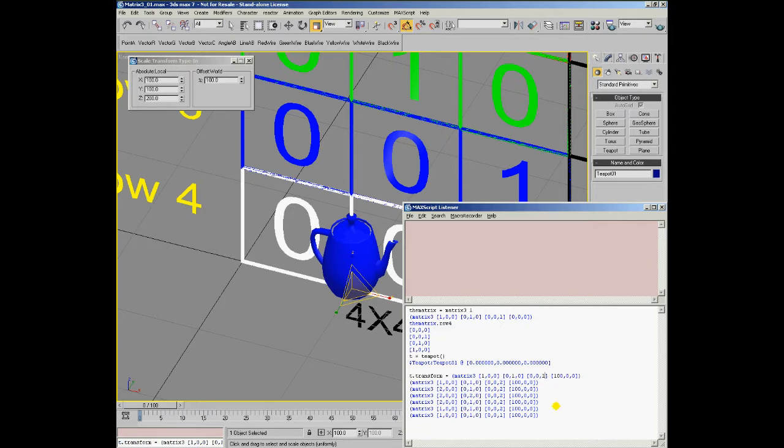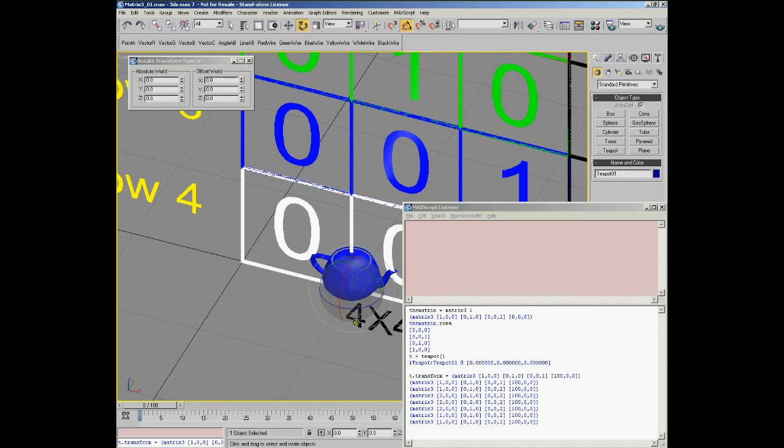So this shows that the first, second, and third row contain scaling information, but they also contain rotation information. That means in the current matrix that we're using, the x, y, and z axis point along the world x, y, and z.